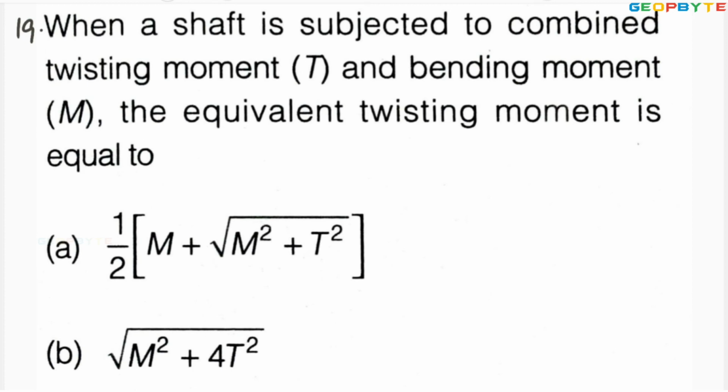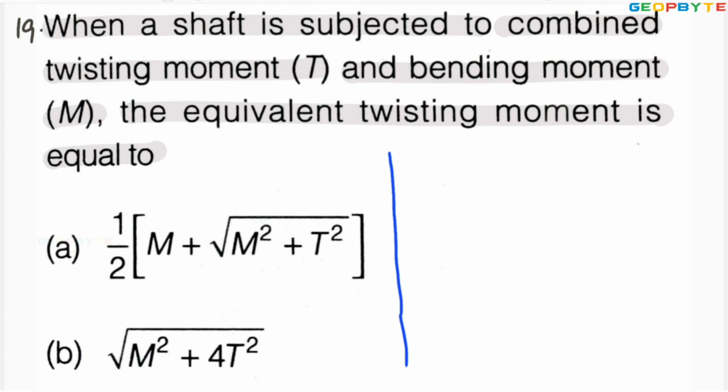Look at the 19th problem. When a shaft is subjected to combined twisting moment T and bending moment M, what is the equivalent twisting moment? As we know, when the shaft is subjected to torque, only shear stress is developed.